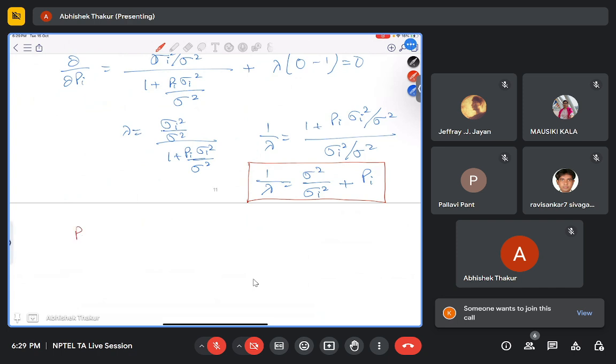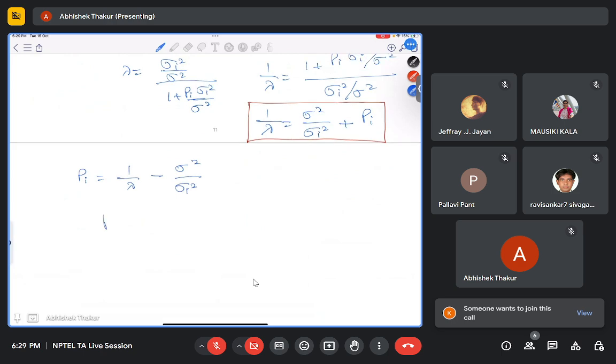So from here we can get Pi equal to 1 by lambda minus sigma square by sigma i square, only when this term is greater than 0, that is if 1 by lambda minus sigma square by sigma i square is greater than 0, and 0 otherwise.